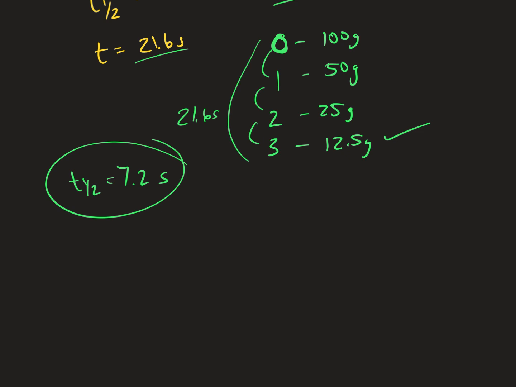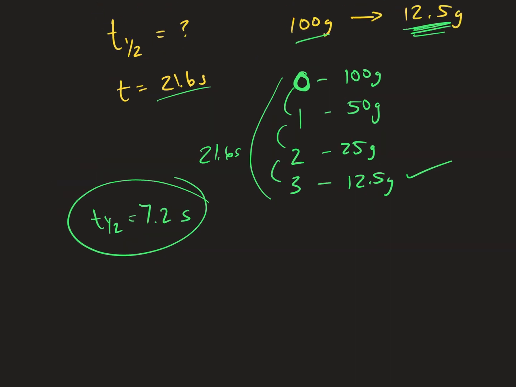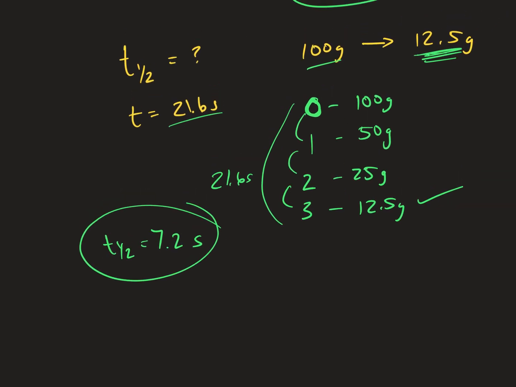Yeah, Sandy. How did you get the time in half-life? I just got lost with how you got the 7 point. Okay. Yeah, so we take the total time it says is 21.6 seconds, right? So that's from the time where we start to where we end.